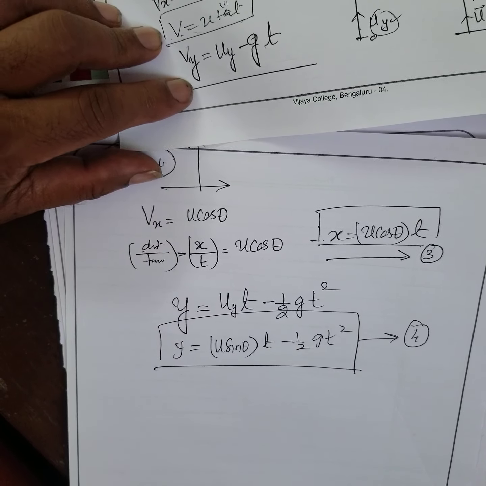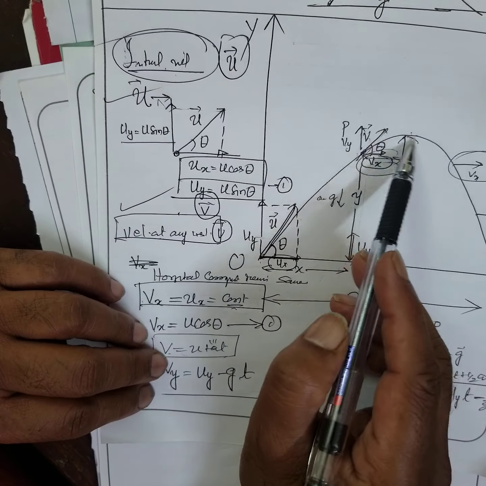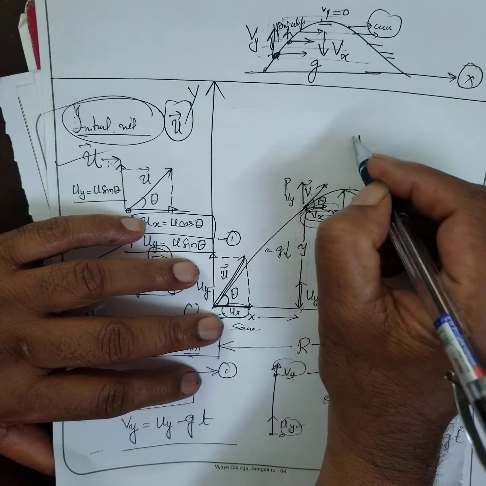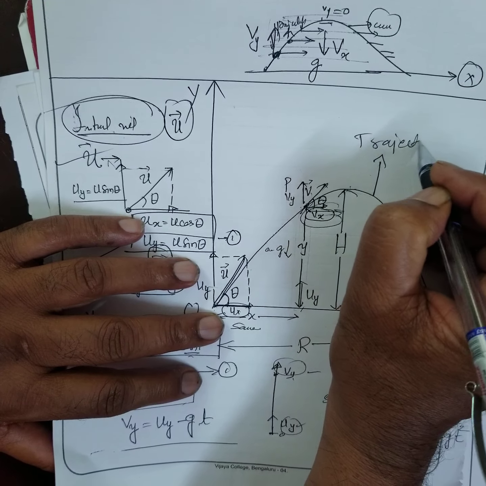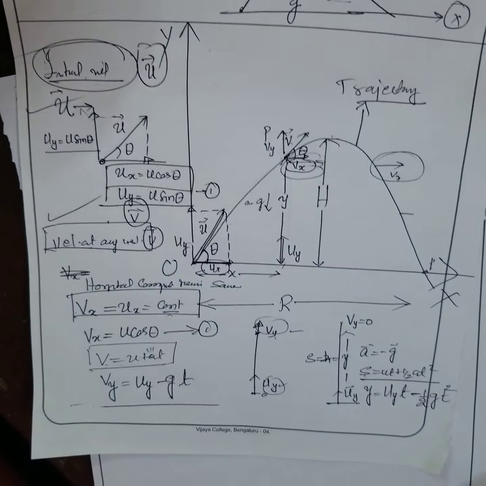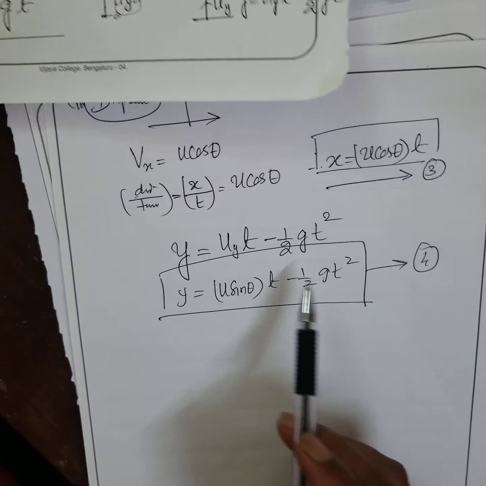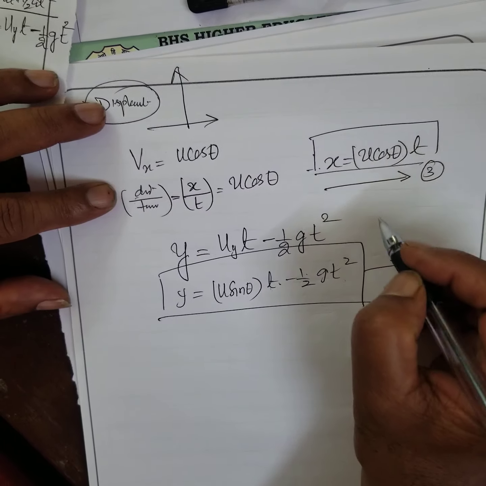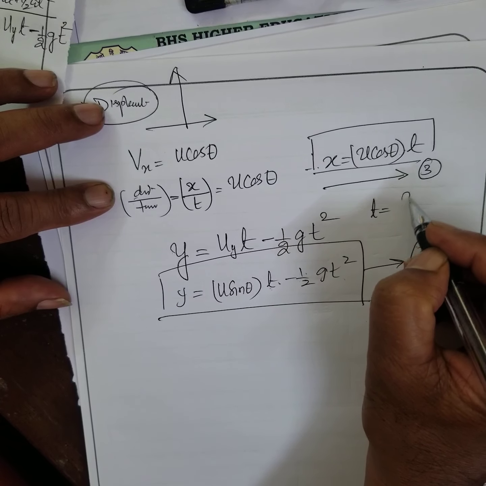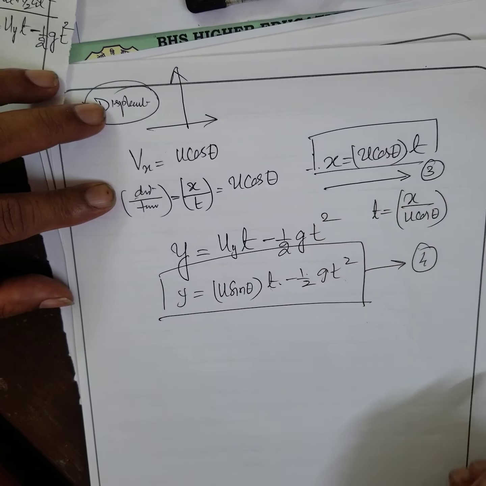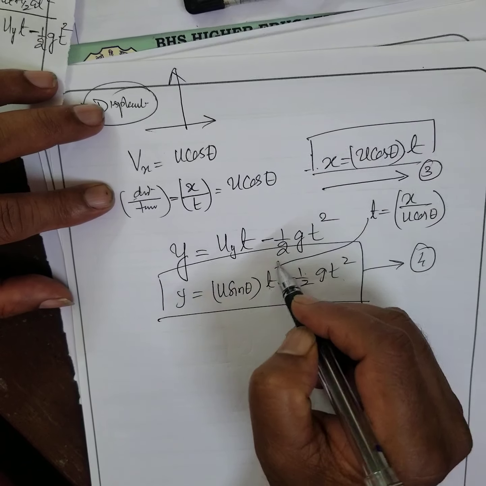Now, the path described by the projectile is called trajectory. I want to eliminate this time t. See how to do this. You can eliminate it using these two equations, 3 and 4. What is t? T can be written as x by u cos theta. Therefore, that t I am going to substitute.